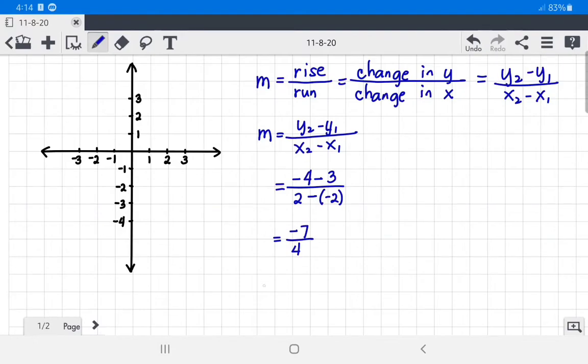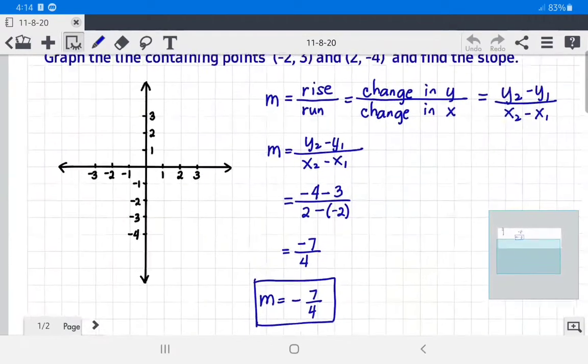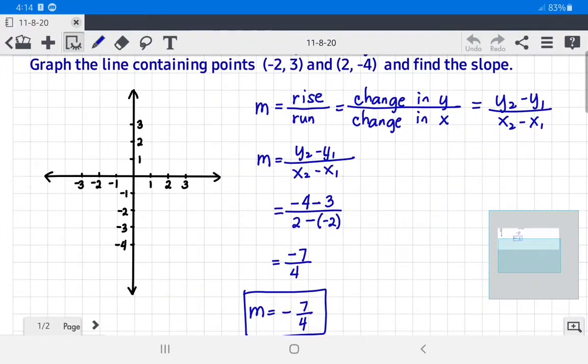Then the slope now is equal to negative 7 over 4. You have to remember that the numerator 7 is the change in y, and 4 is the change in x.